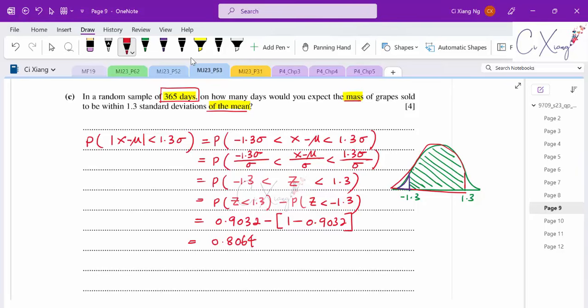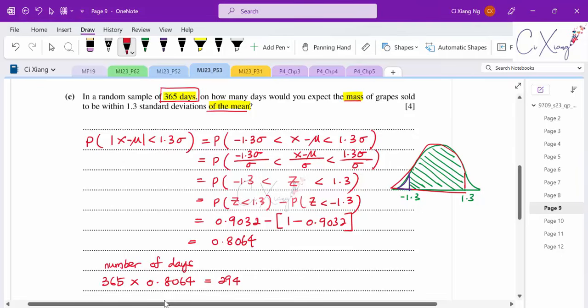After I calculate the probability, I have to take 365 multiplied by the probability that I have so that I can count the expected number of days. The number of days should be a decimal number at first, but by right you can change it to an integer because they're talking about the number of days. When you press the calculator, it should be 294 point something.